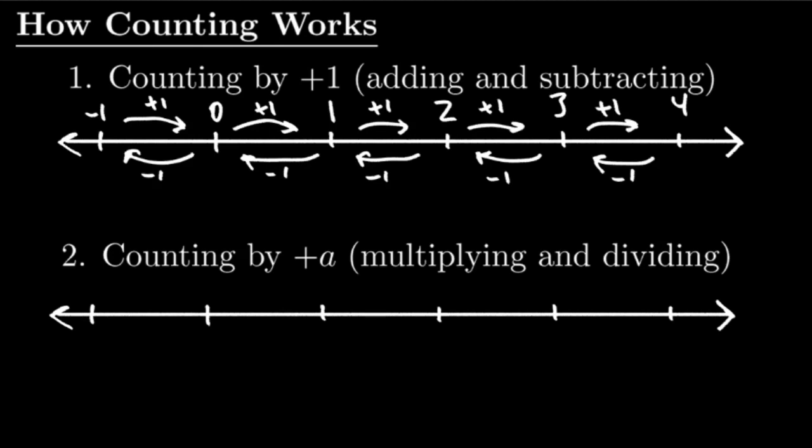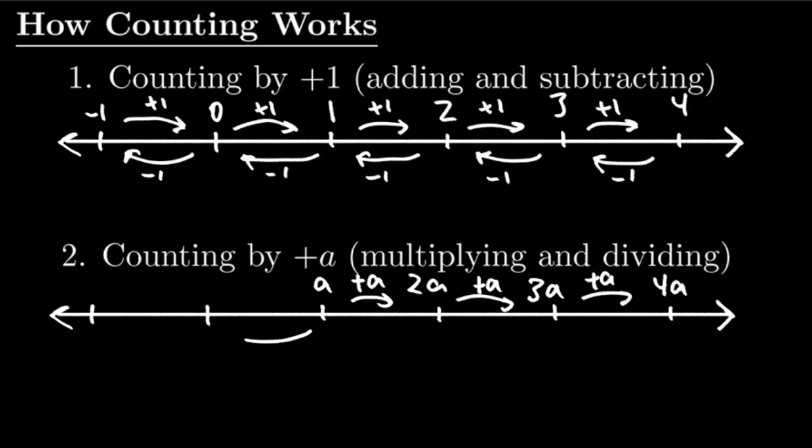So let's just start with a, and then if you add another a, you get 2a. If you add another a, you get 3a, and so on, right? And then you can go backwards as well, and get the same type of idea going on.